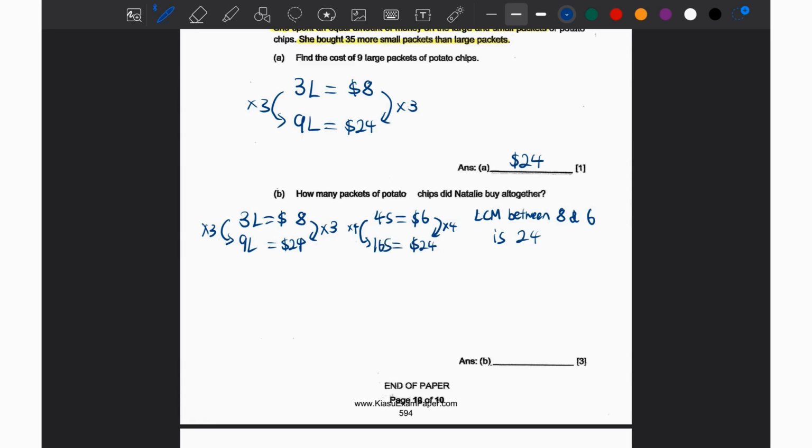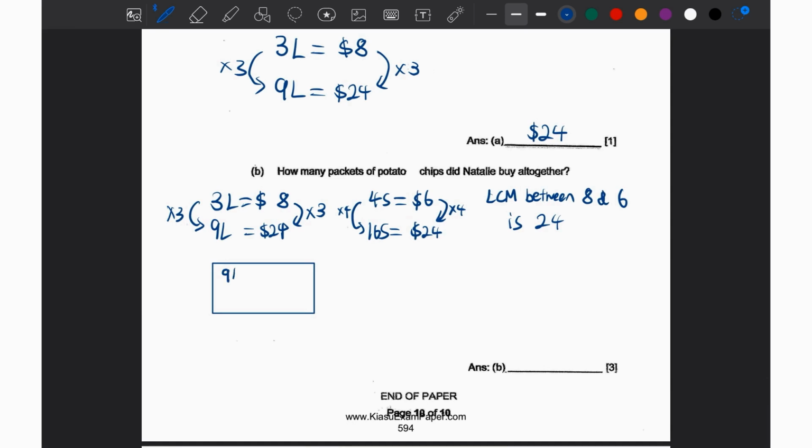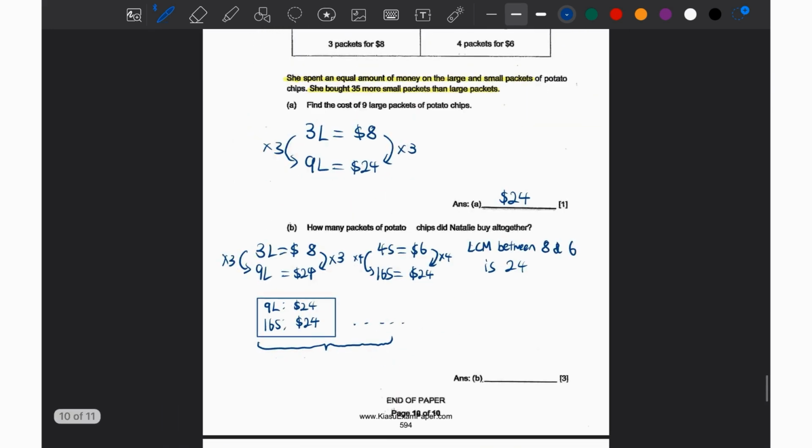Okay, since now we have made them an equal amount, we can use something called grouping. So essentially what do we have inside one group? Let me use the box to represent one group. We have 9 large, which costs us $24, and 16 small, which also costs us $24. So we use the dots to represent the number of groups. And the question tells us she bought 35 more small packets than large packets.